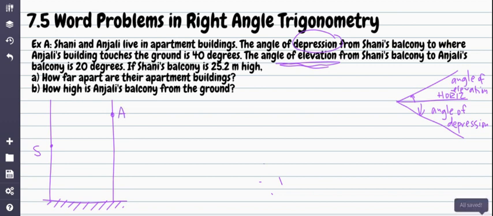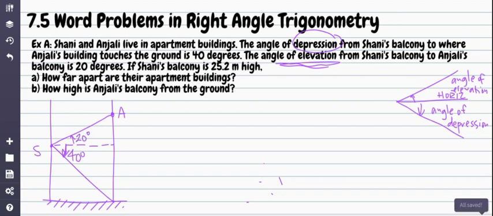And we're going to find the angle of depression for Shani. So here is the horizontal, and she's looking down at Anjali's building. And the angle there is going to be 40 degrees, right? The angle of depression. And then the angle of elevation. So as she looks up at Anjali's balcony, it's going to be 20 degrees.